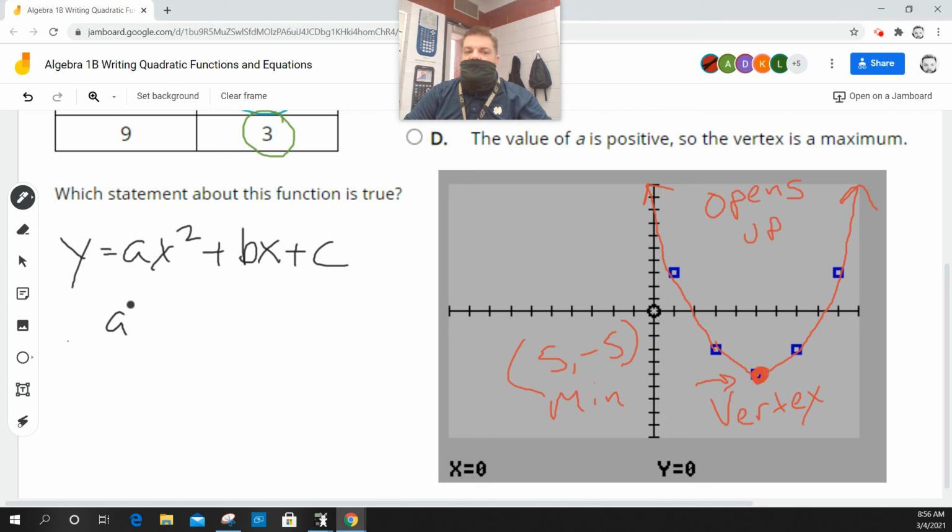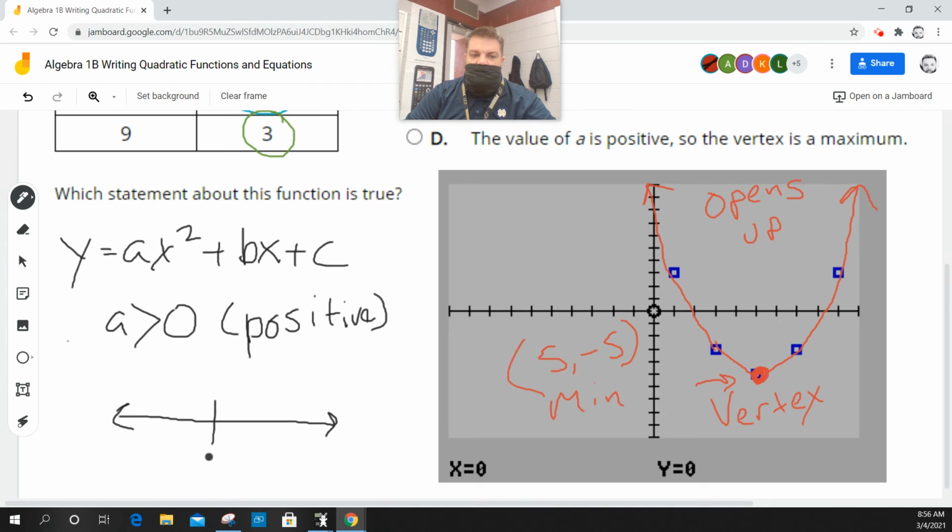A. If A is positive, in the fancy math way to say it, we say A is greater than 0. Mr. Adams, why are you saying it like that? Well, think of a number line.